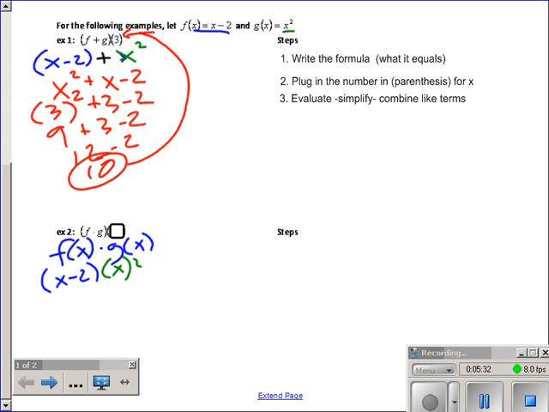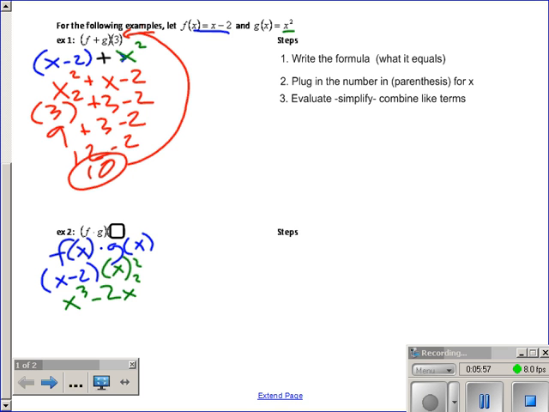So if we multiply that out, then we would get x squared times x, which is x cubed, and x squared times negative 2, which is negative 2x squared.